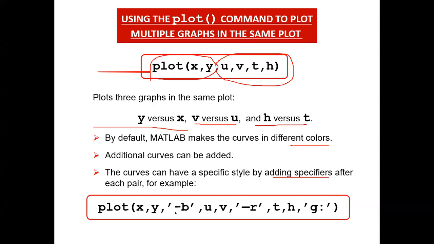So for the first x and y we use the hyphen symbol, that is a dashed symbol, then blue color. Then u and v with a dashed symbol and red color, then t and h in green color followed by a colon. So this is the specifier we can add for multiple graphs in the same plot.